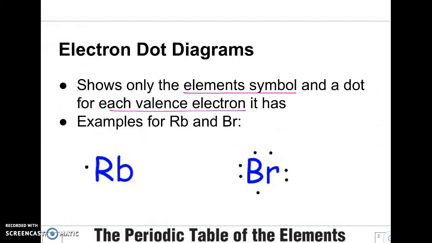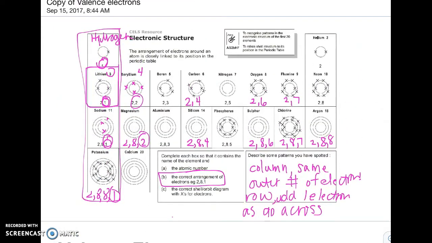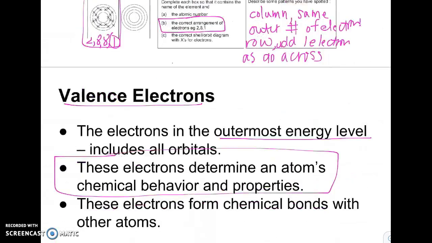So if we go back to our worksheet from before, the valence electrons are these 1 electrons that I circled for this group, the 2 electrons that I circled here, and then 3 for this group, 4 for this, 5, 6, 7, and 8, with the exception of helium, which only has 2.